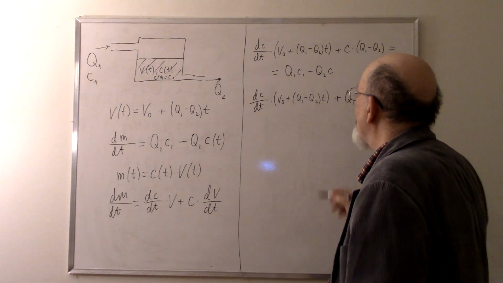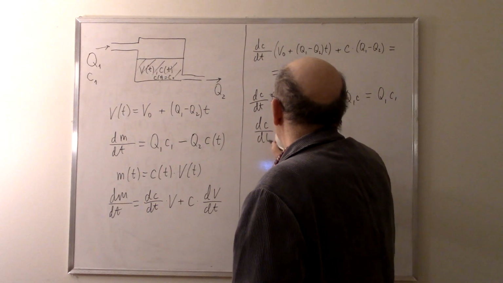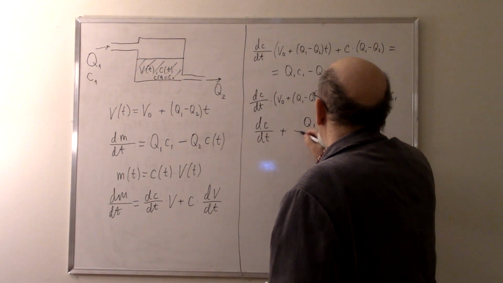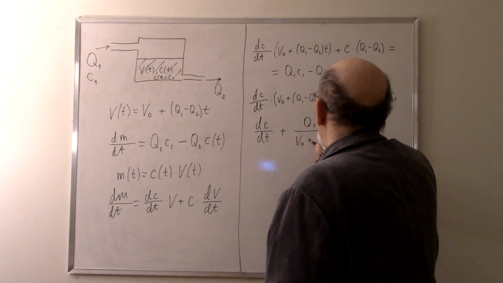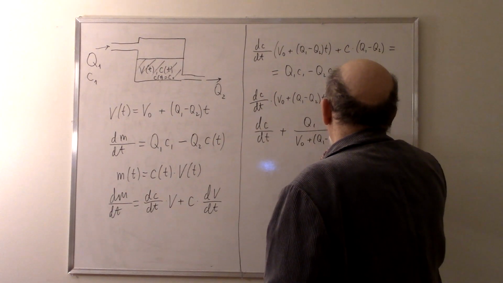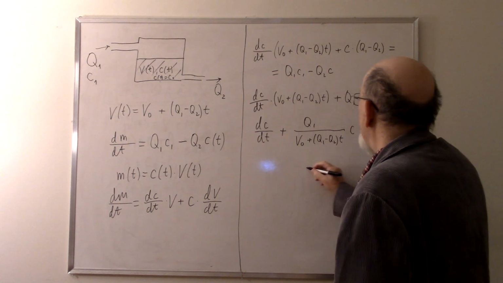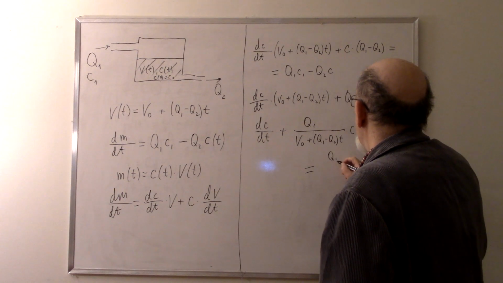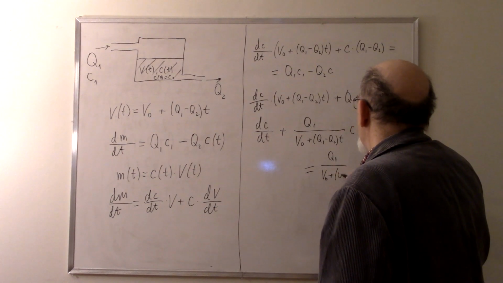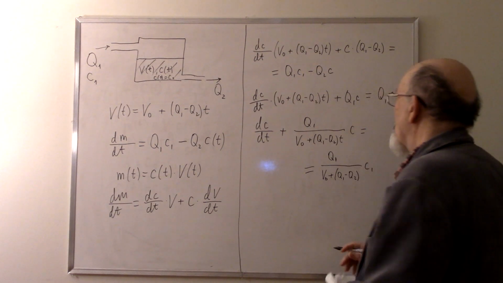Now let us divide by this term: dC/dt plus Q1 over (V0 plus (Q1 minus Q2)t) times C equals Q1 over (V0 plus (Q1 minus Q2)t) times C1.